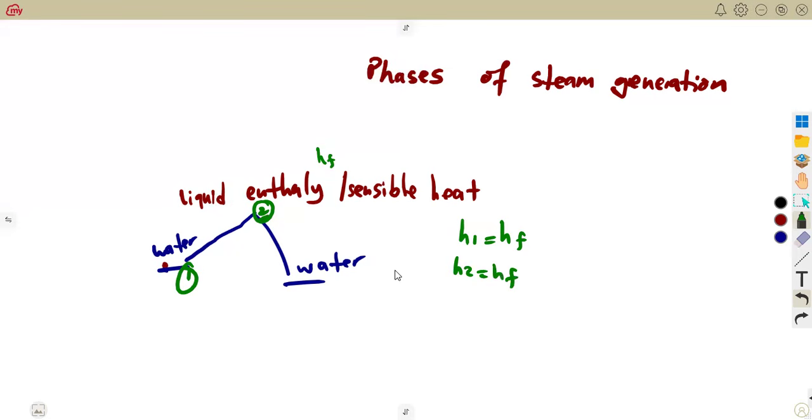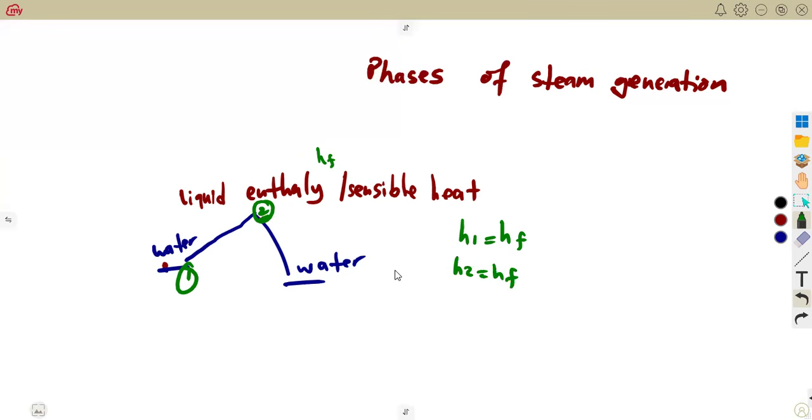We're still talking about the liquid enthalpy. The only thing that has changed is the temperature you started with and the temperature you now have at that point. You might not start at 0. You might start with a certain temperature and it increases to another temperature, but it's still a liquid.